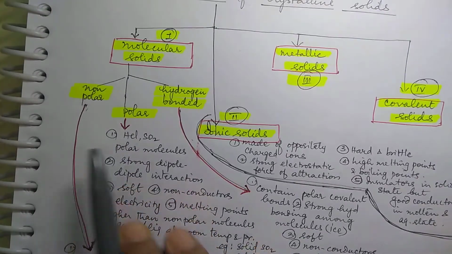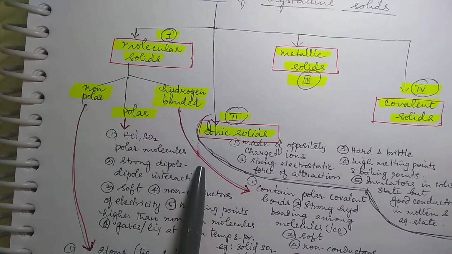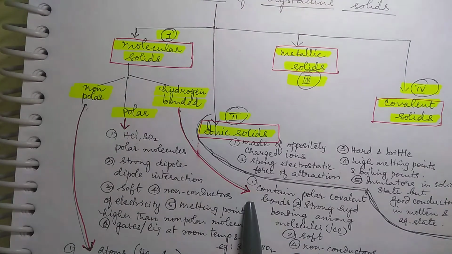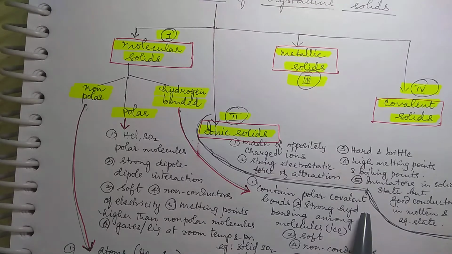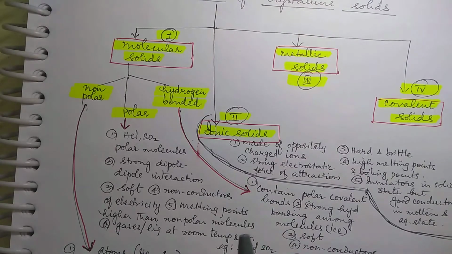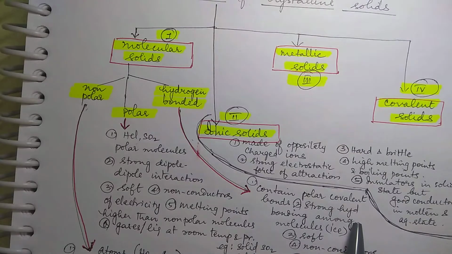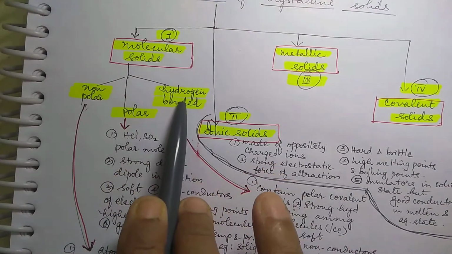Then the third category is hydrogen bonded. Now what are they made up of? They are polar covalent molecules. They have covalent bonds. And what is the intermolecular force? They are strong hydrogen bonding. The name itself is suggesting, is it not?